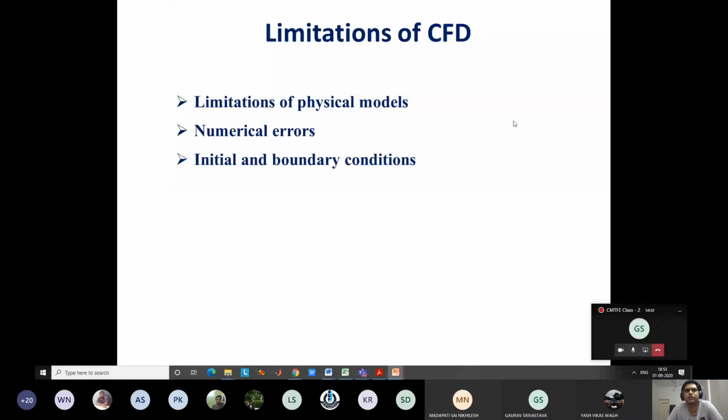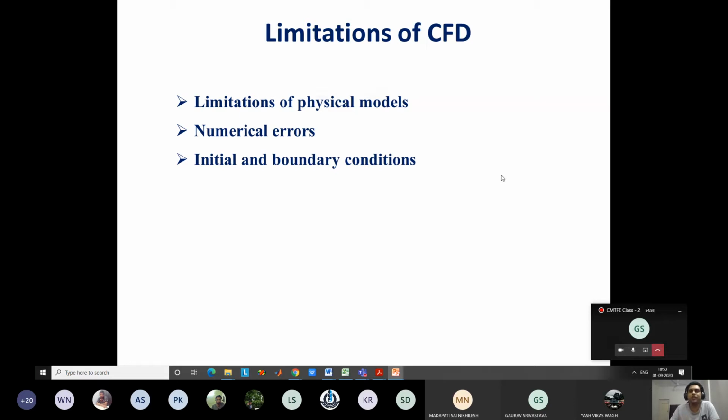But there are some limitations also. You should know that CFD is not something that has come from God where everything can be solved using it. So what are these limitations? If we do not understand the limitations, we will just use CFD tools like a black box. We'll just give some input to ANSYS. Many people do it like this.